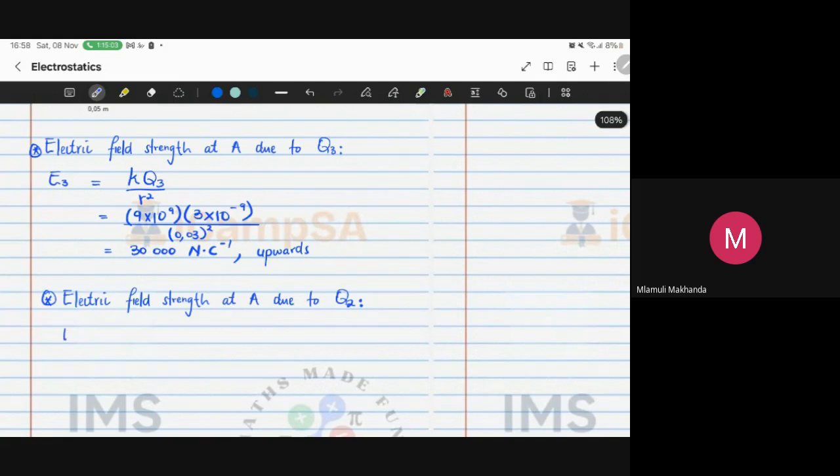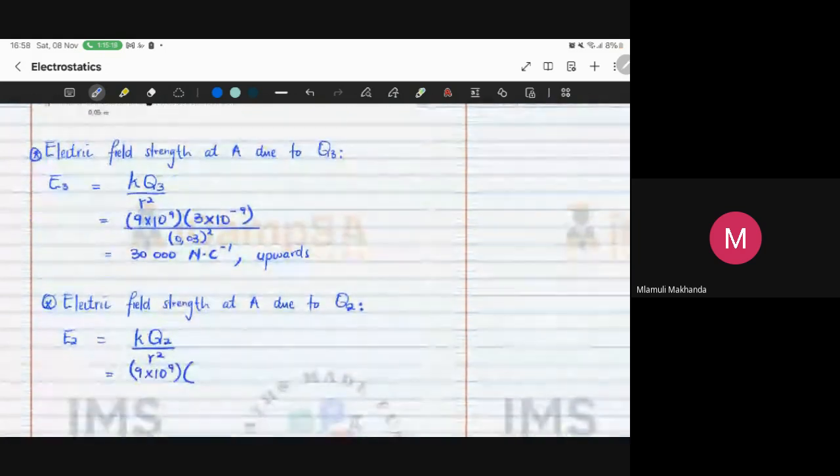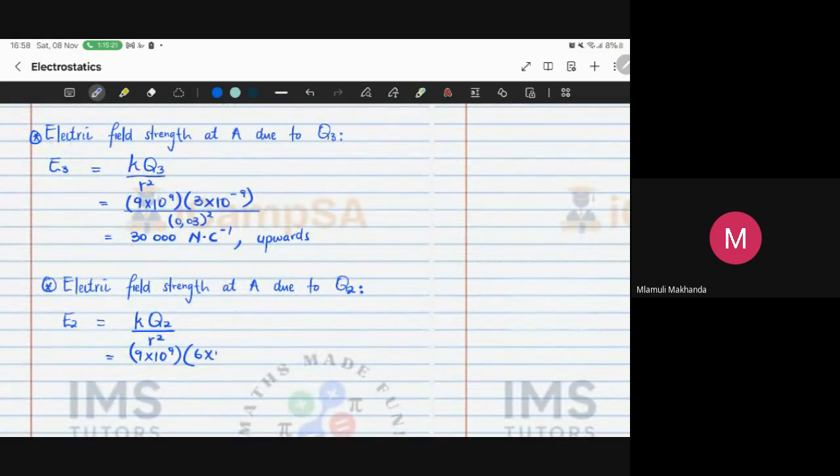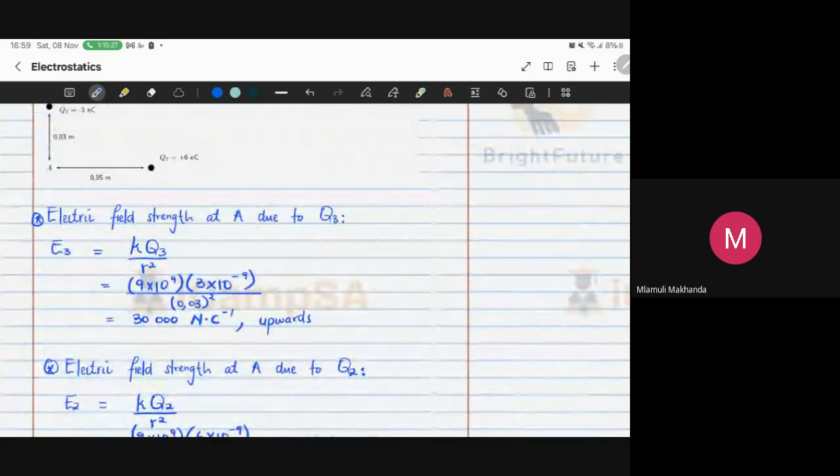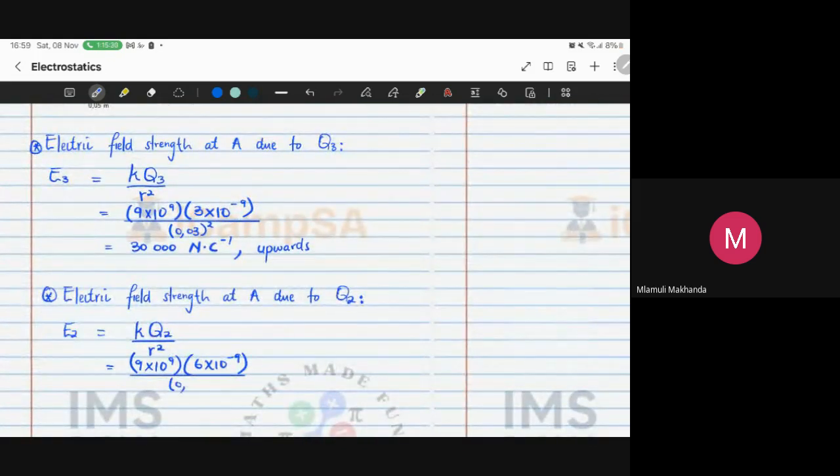Right, you would say the same thing, E2 equals kQ2 over r squared, 9 times 10 to the power 9. Q2 now is 6, right? And then divide by 0.05 all squared. So what's our answer? Let's check.